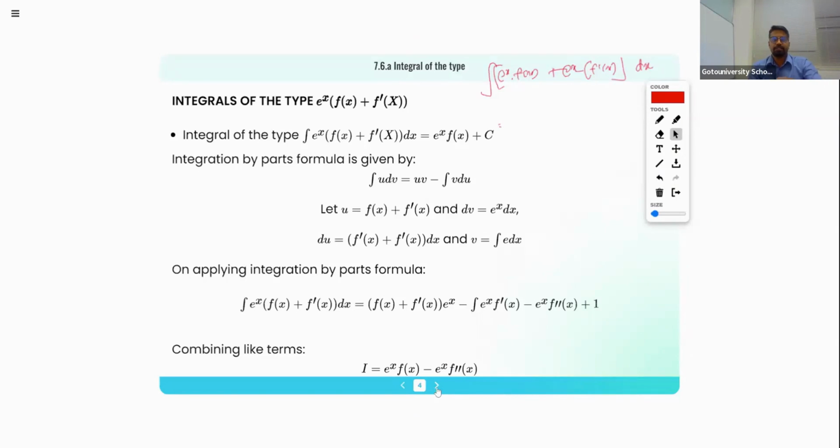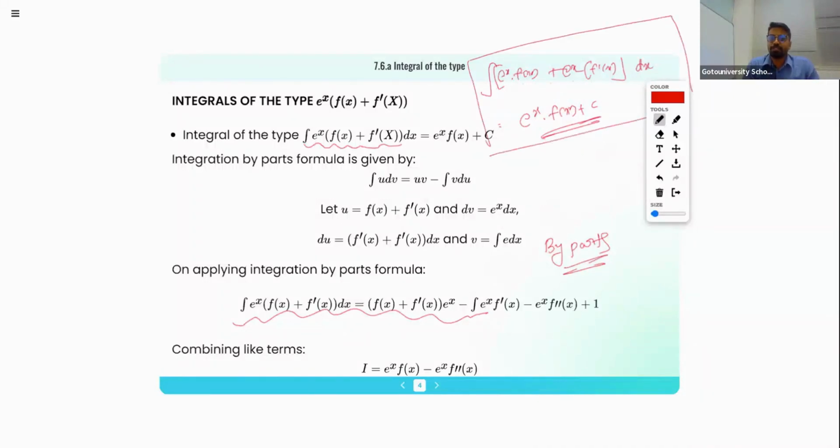After combining all this, we can prove it. The statement you can just remember: whenever you come across a function like this, e power x into f of x plus e power x into f dash of x, dx, we can directly write the result as this. It has been proved already. By using integration by parts only, we can solve this. Please check the proof later. Just try to remember this formula.